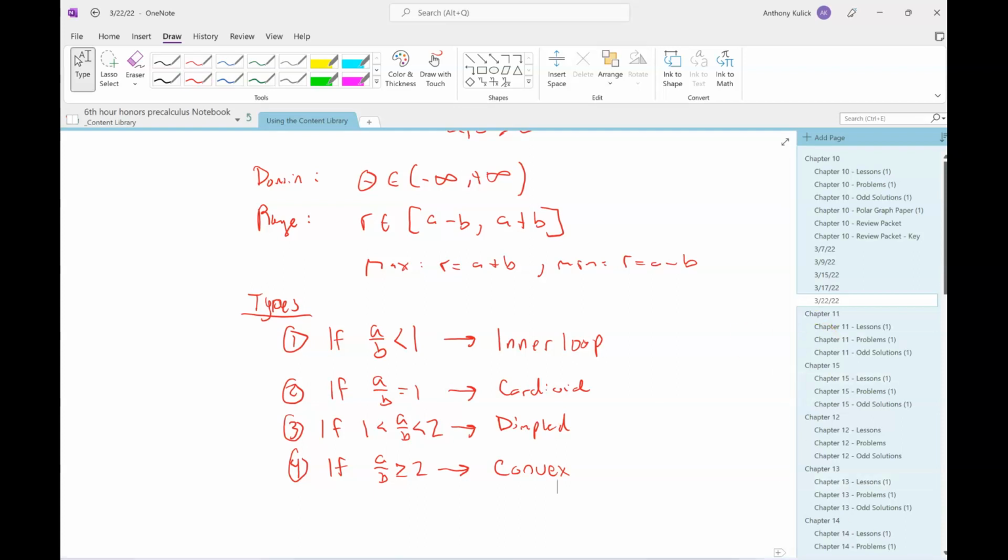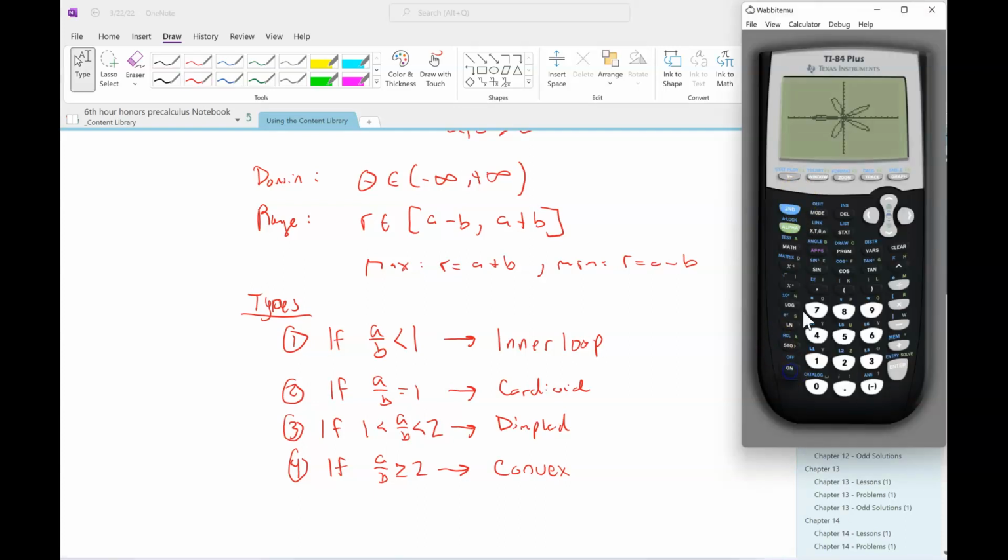Let's just take a quick moment and I'll show you some pictures of what these look like. I'm just going to turn the axes off because it'll give me a better picture, and zoom in just a skosh here to -5 to +5, so it's a little bit easier to see what's going on.